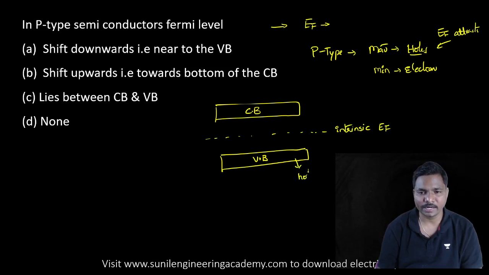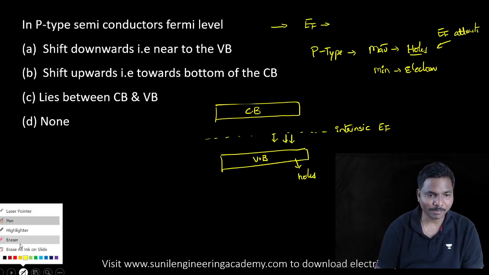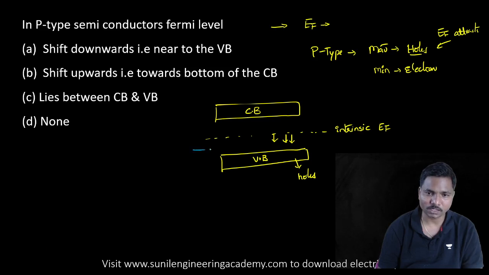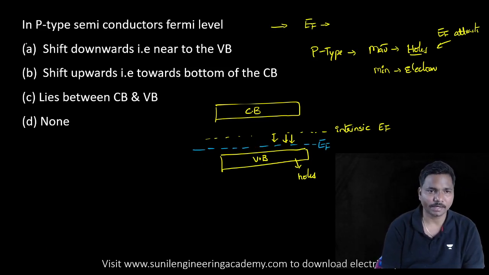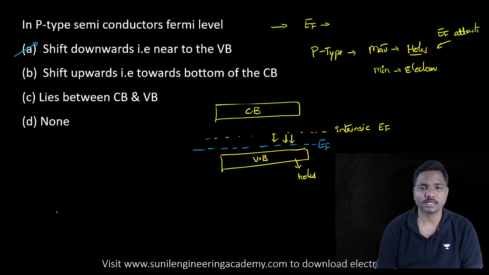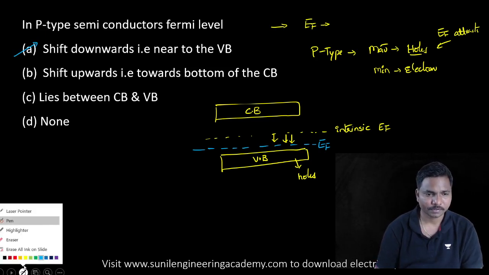Holes exist in the valence band, so it will be shifted towards the valence band. Since the valence band has more holes, it is shifted downwards, that is, near to the valence band.